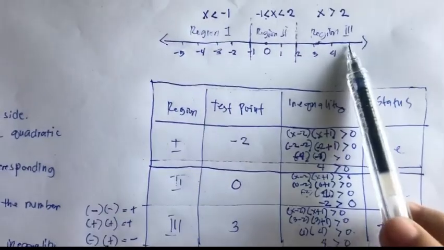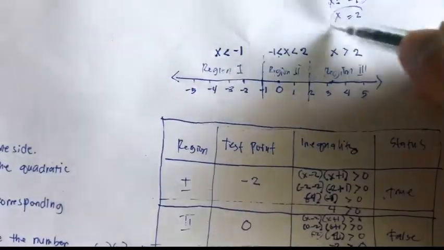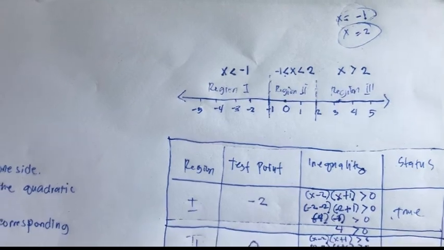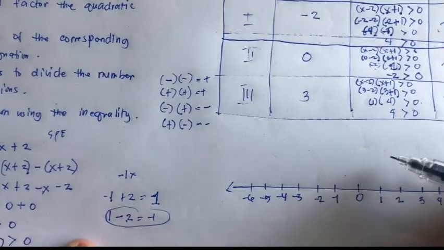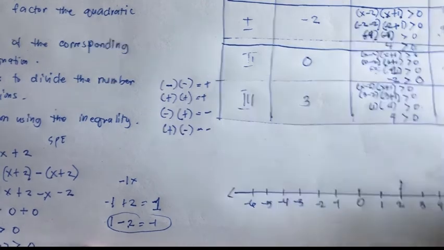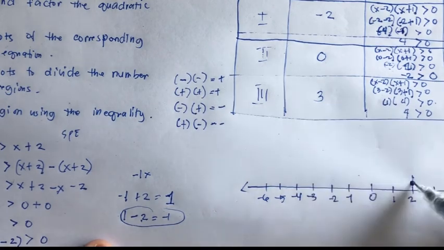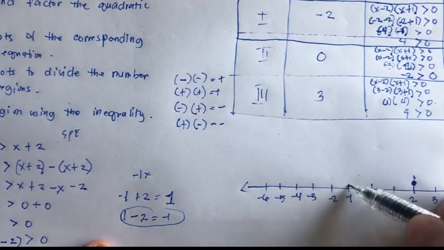So 3, that is under region 3, we can have that in region 3. So 2 is also a solution. So we have here 2, and then a little circle here or a dot, and then also negative 1.